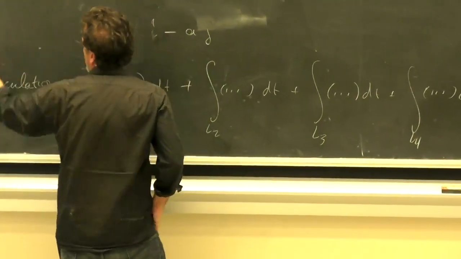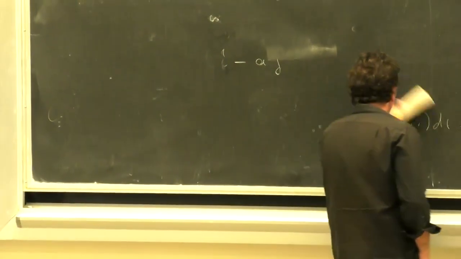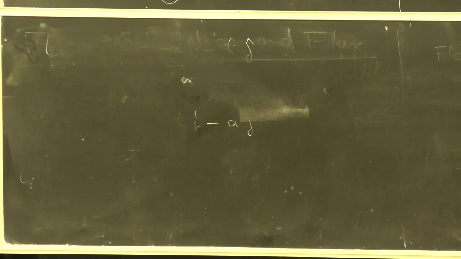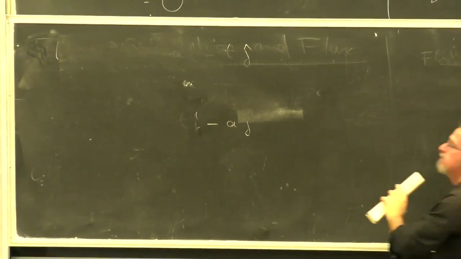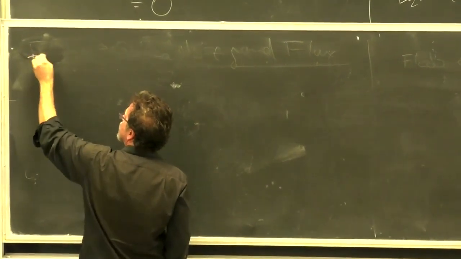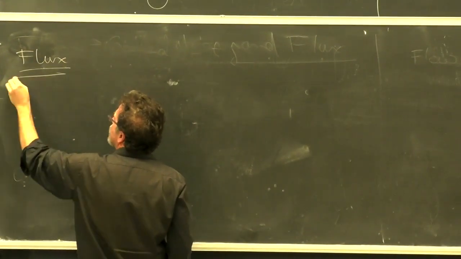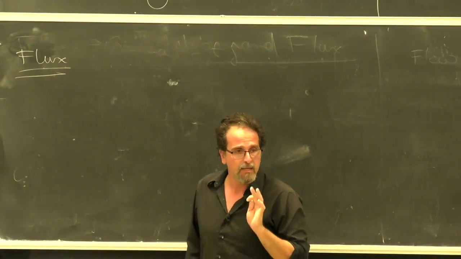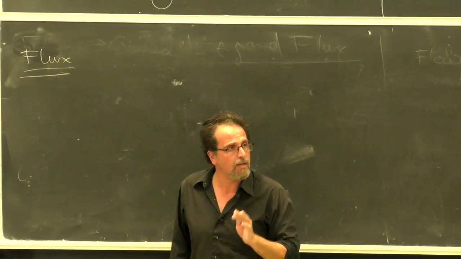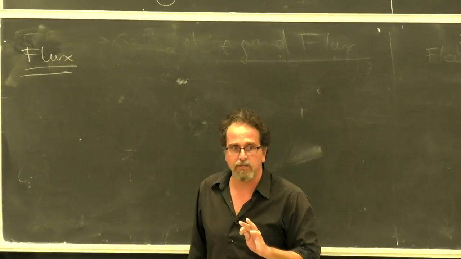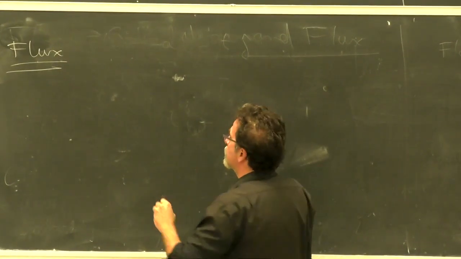I'm running out of time, but I'm going to state the definition. And I wish I had a little, I'll probably have to keep doing this on Monday. I want to talk about flux. Okay? Flux, like I said, this flux that we're talking about right here is truly a flux in 2 dimensions because it's going to be a line integral.